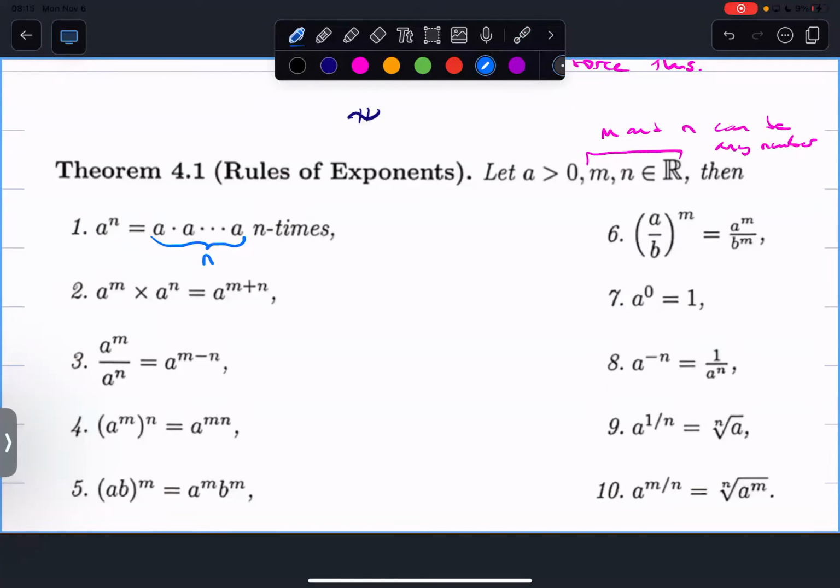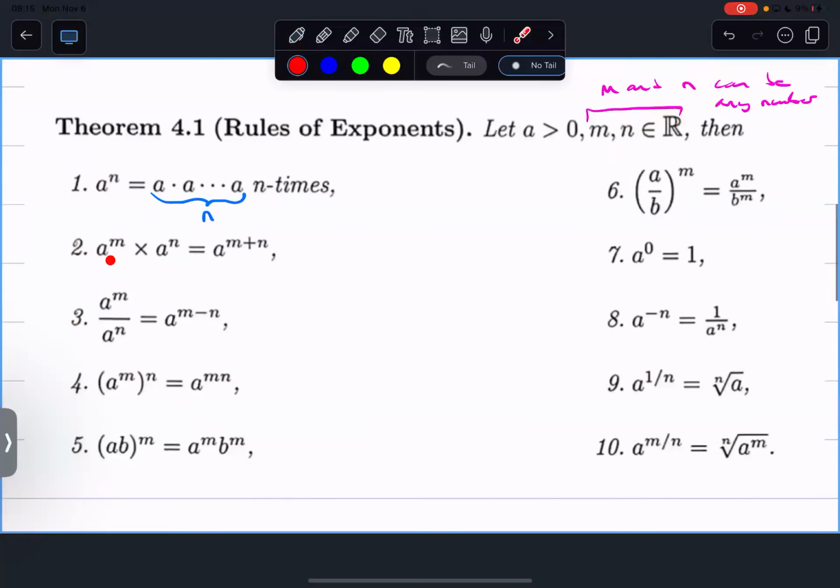We're usually conditioned to only read these rules from left to right, but a lot of the time we're going to be moving from right to left, so we need to be really flexible on how we move between these two sides.